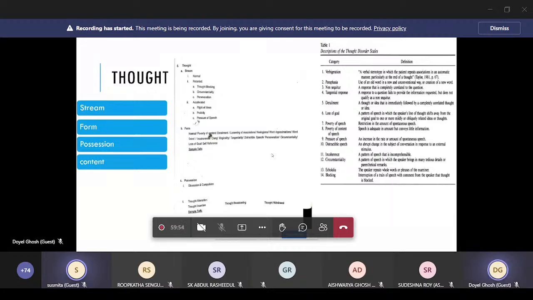And there may be ideas of reference, ideas of persecution, ideas of grandiosity, ideas of guilt, and there will be delusions. What is the difference between ideas and delusions? They are both under thought content, but ideas can be challenged.